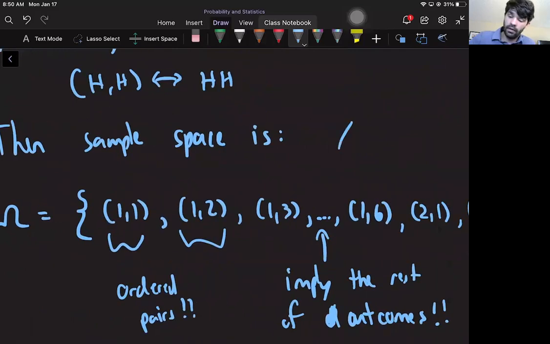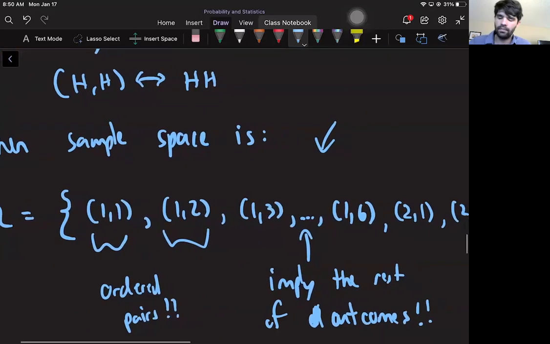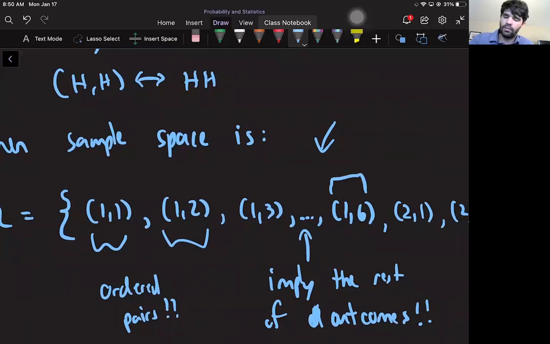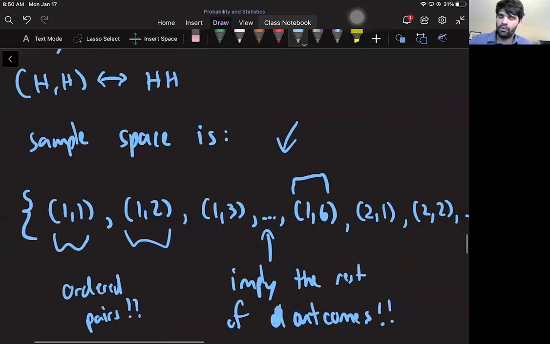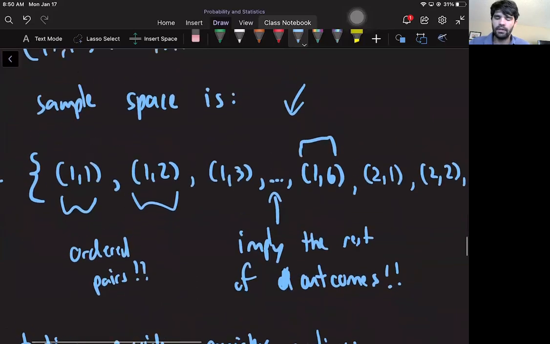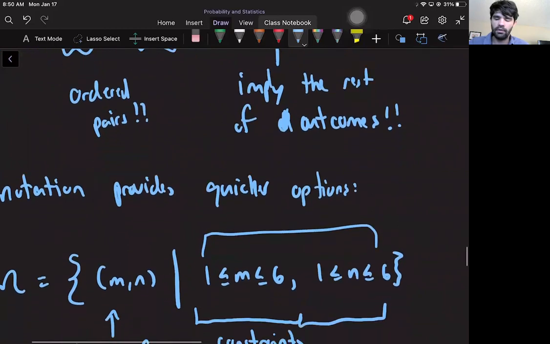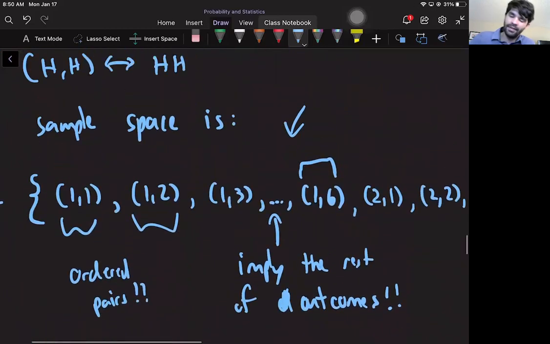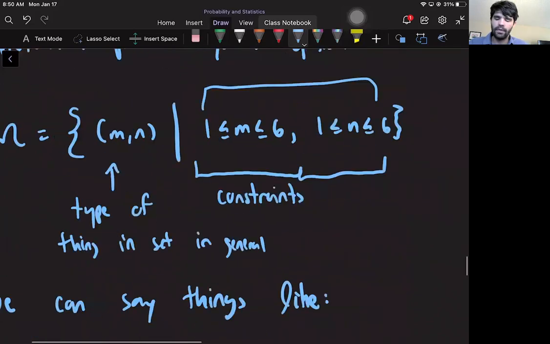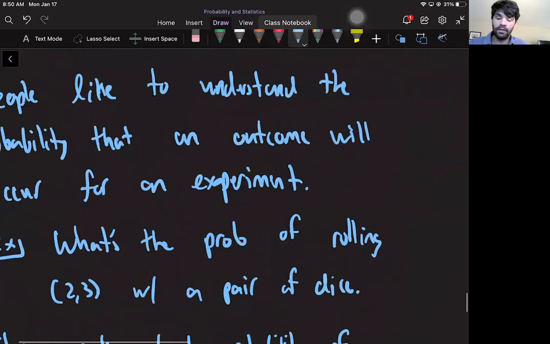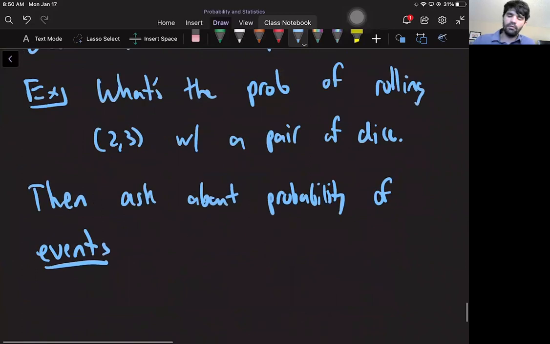And then you go in here and you say, well, there's a few ways to get a 7. There's the 1,6, but there's also the 6,1. There's the 3,4, the 4,3. There's a bunch of ways. And so you count them all up and there'll be 7 of them. And you say 7 out of 36. Or wait, no, there'll be 6 of them. So you'll say 6 out of 36 for that reason. So we're not going to worry about probability too much. More we want to distinguish right now between events and outcomes.